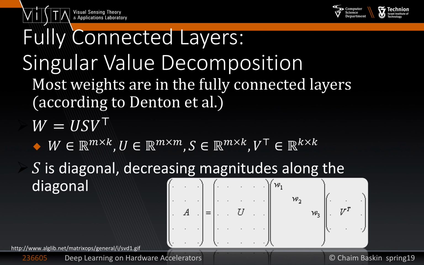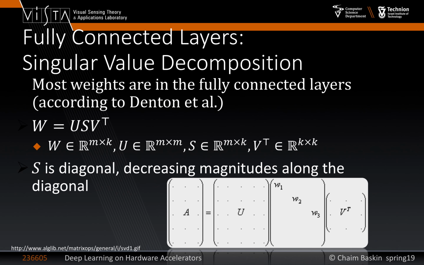We can take only the first t components and remove the last components, and we will reduce the whole matrix.